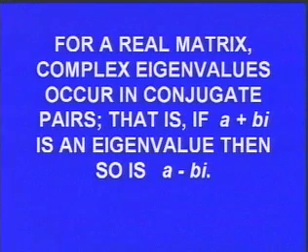And because the quadratic formula has a plus minus in it, right in front of the square root, that's going to mean that I have a plus minus bi every single time. So anytime I have something in the form like 2 plus 3i as an eigenvalue, then I also would have 2 minus 3i as an eigenvalue. So conjugate pairs.